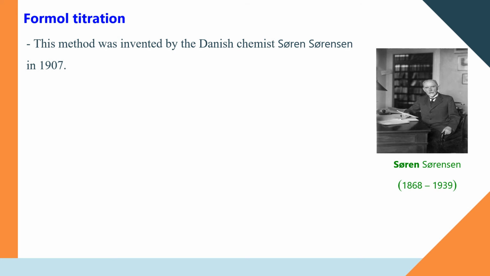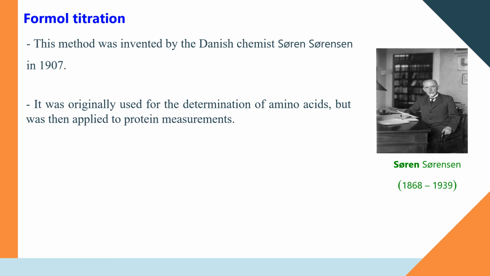Søren Sørensen also invented the formol titration, and it was originally introduced for the measurement of amino acids, not proteins. But since proteins contain amino acids, by determining the amount of amino acids, we can determine the amount of protein.